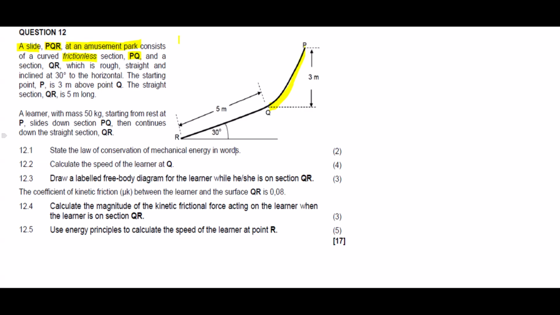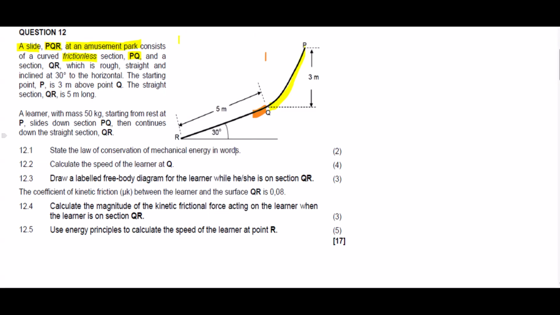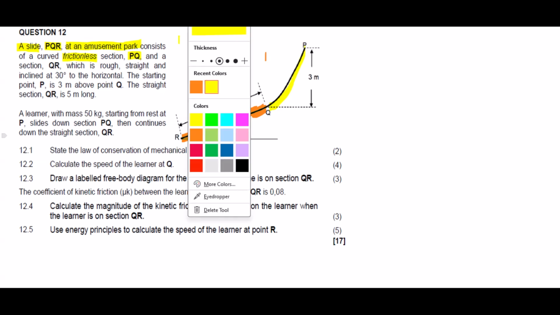So there's another one there that is rough. I think we can give it a different color. Maybe this one would do for a rough surface. That other surface is rough, and the other surface is smooth, indicated in yellow. The section QR, which is rough, is straight and inclined at an angle of 30 degrees to the horizontal.